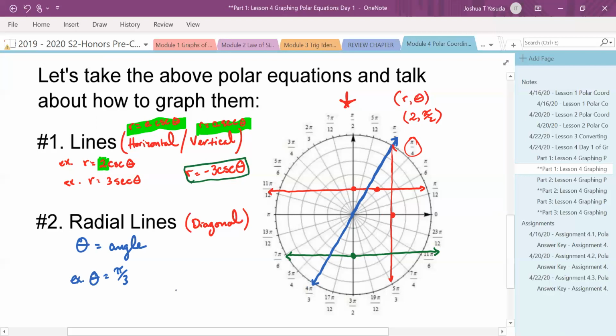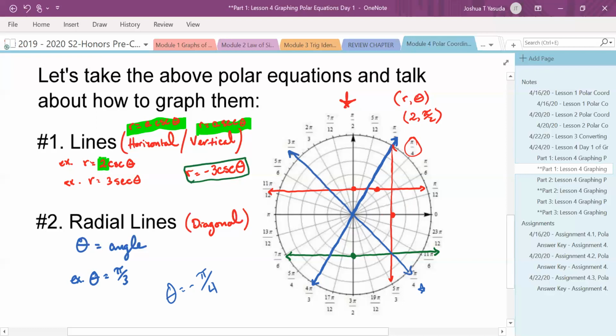Another, if we make one that's negative, like theta equals negative pi over 4: if the angle always has to be negative pi over 4, that means we're coming over here. Negative pi over 4 comes down to 7 pi over 4. It's just going to be a line that goes through there, okay?